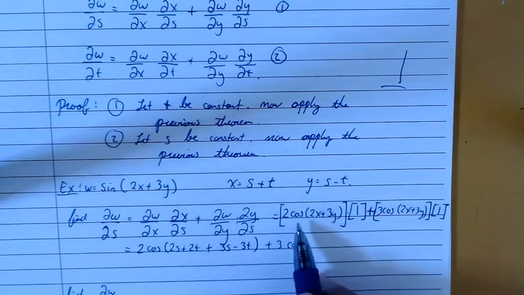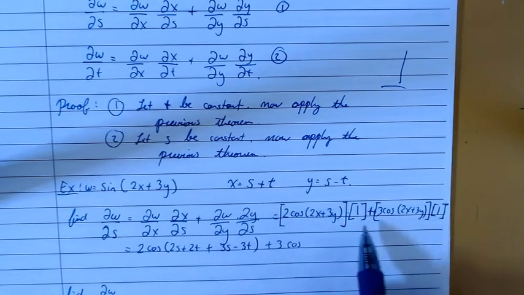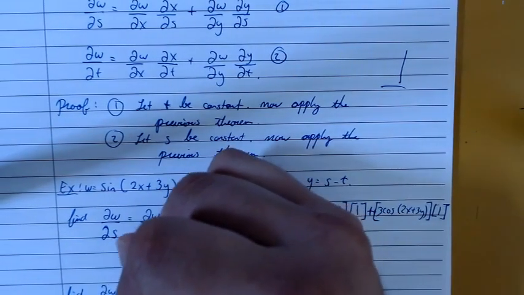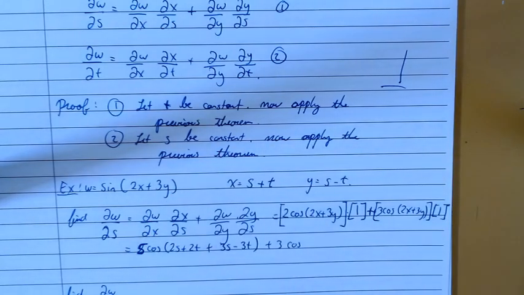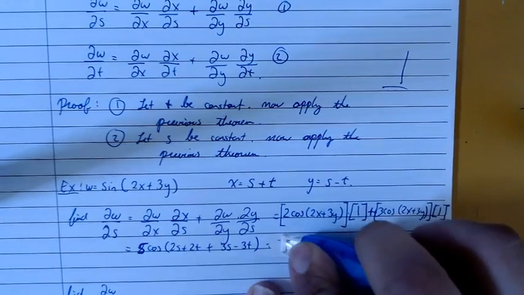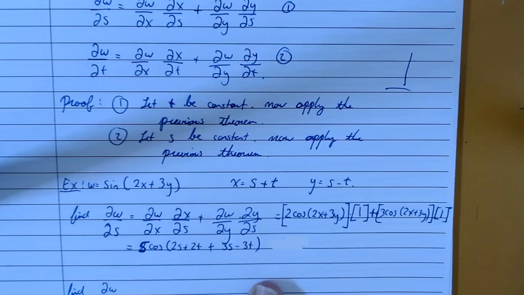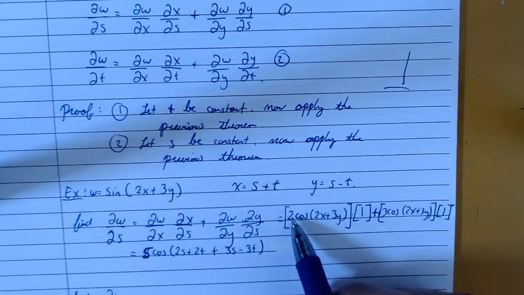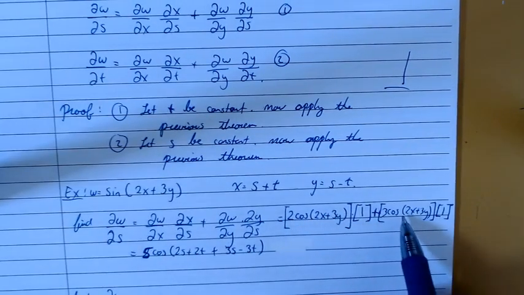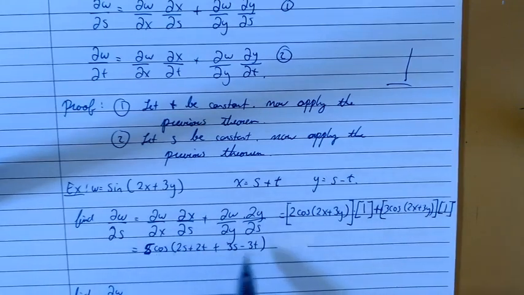Oh, you know what? I can just say 5, right? 2 cosine of this plus 3 cosine of this is 5 cosine of this. So let me just start by saying 5 cosine of this. Sometimes you get so caught up with what you're doing that you forget how to add. All right, 2 cosine of that plus 3 cosine of that, well, that would give you 5 cosine of that.